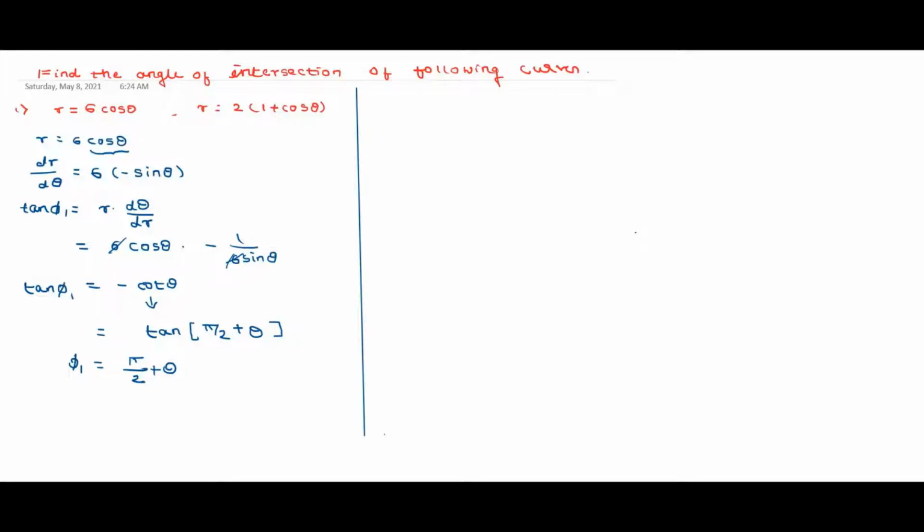Now you can take the second curve. r is equal to 2 into bracket 1 plus cos theta. Here also you have to differentiate with respect to theta, that is dr divided by d theta is equal to 2 is constant, right, as it is, into bracket. Differentiation of 1 is equal to 0 and differentiation of cos theta is equal to minus sin theta.